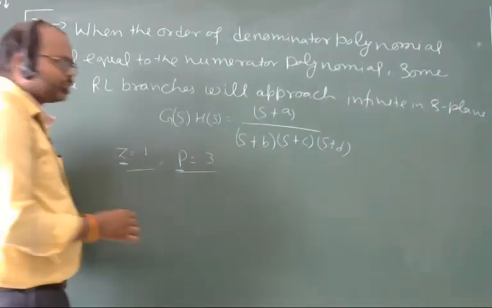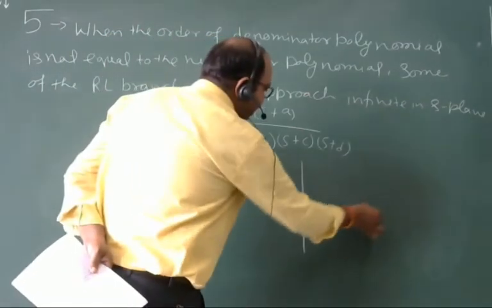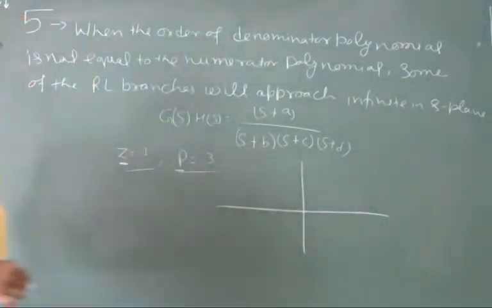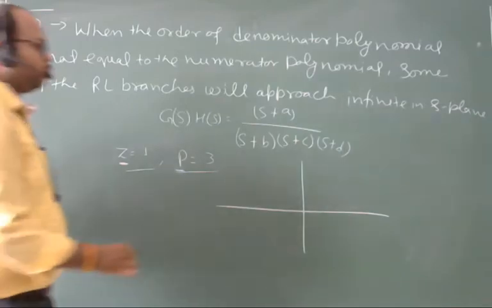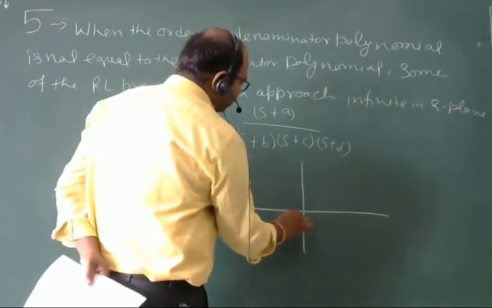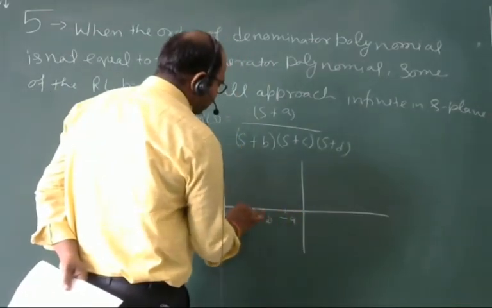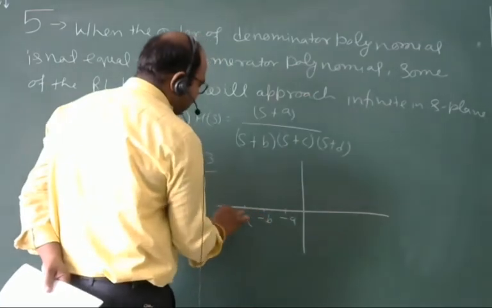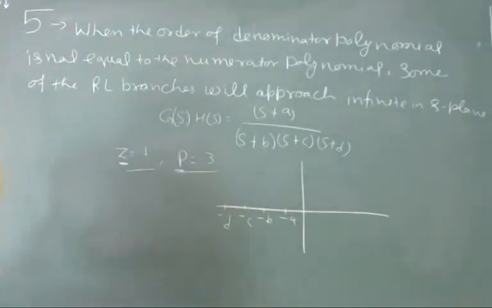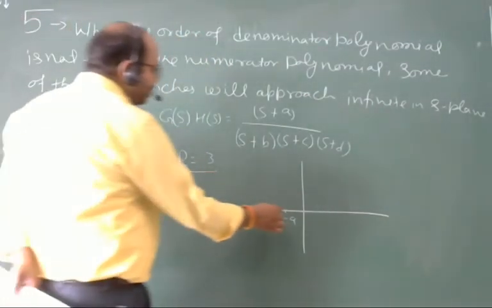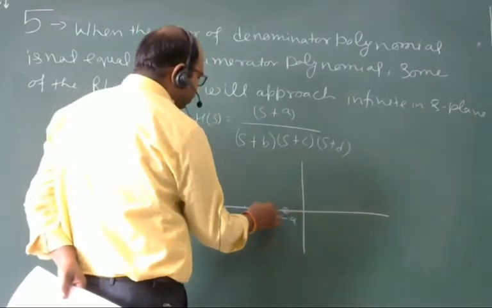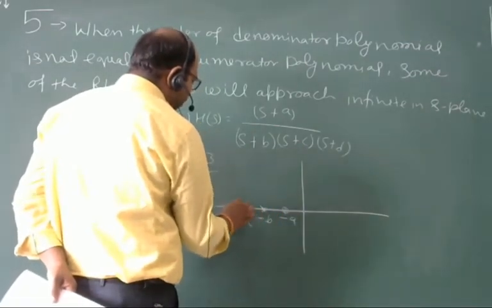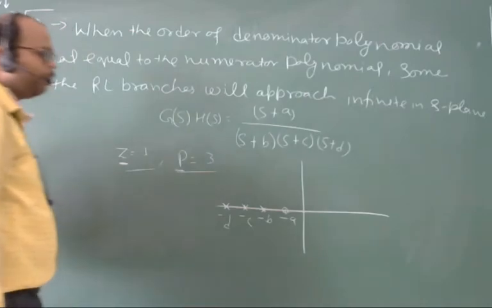Root locus will start from poles and end up to 0. And assuming here is minus A, here minus B, here minus C, and here minus D. Then on minus A we are having a 0, here pole, and here also we have a pole.